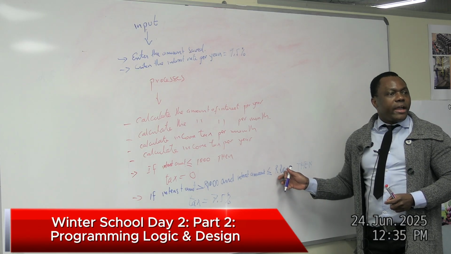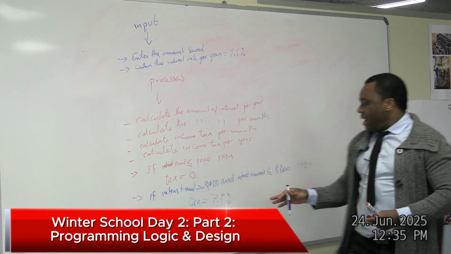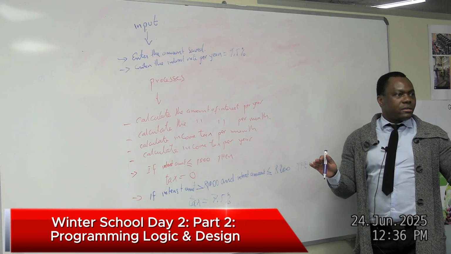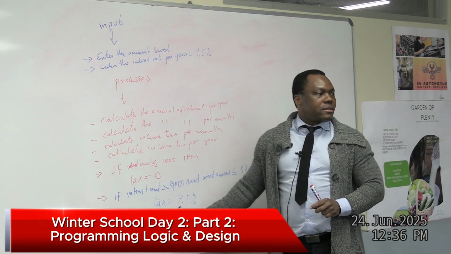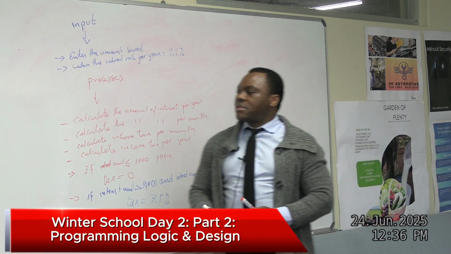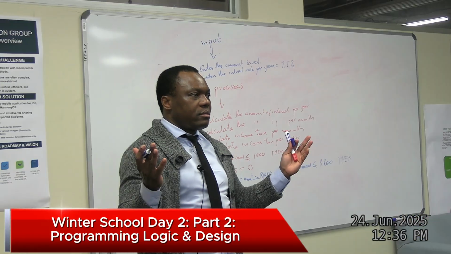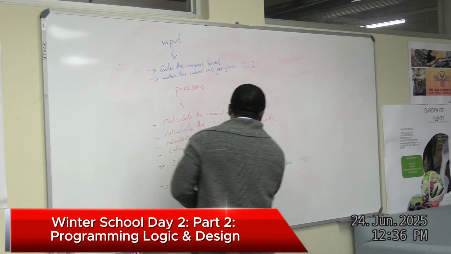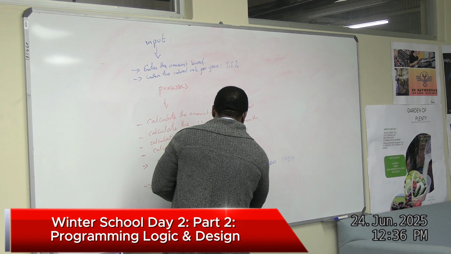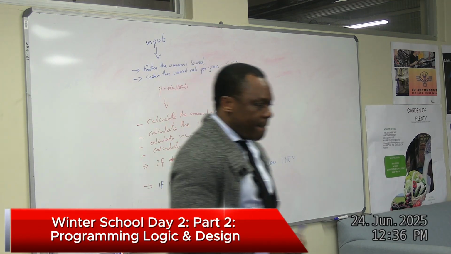Once the amount you enter is bigger than 1,000 but less than 2,000, it means the condition is true on that statement, therefore the tax is assigned to 7.5%. And is a logical operator that is used if both conditions are true. You have to pay attention to that as well.